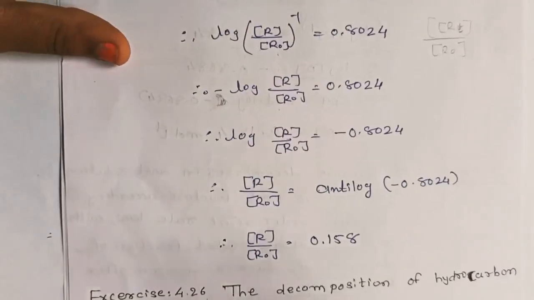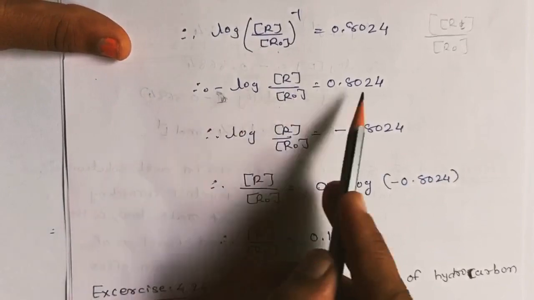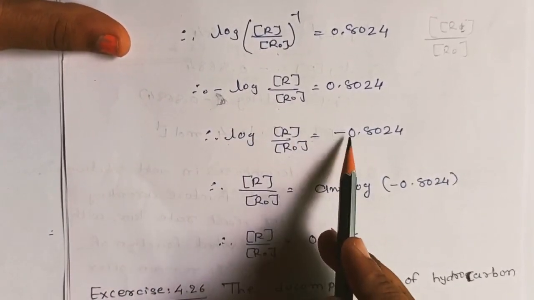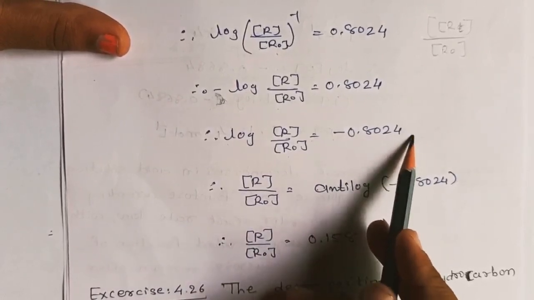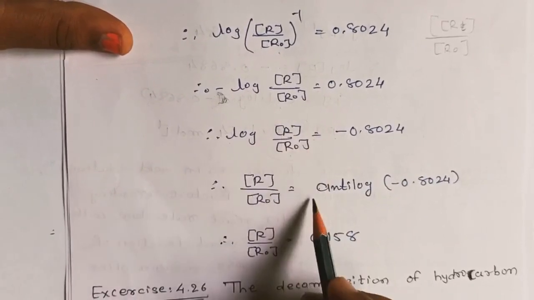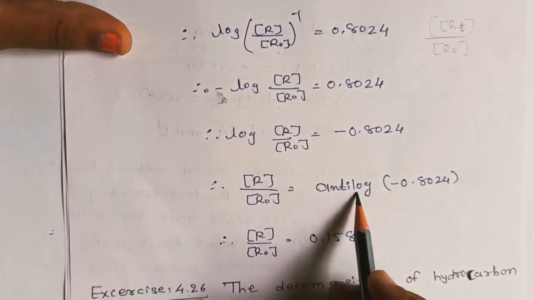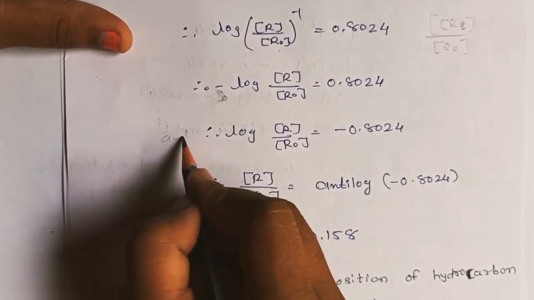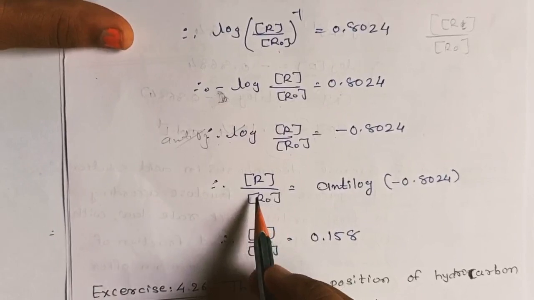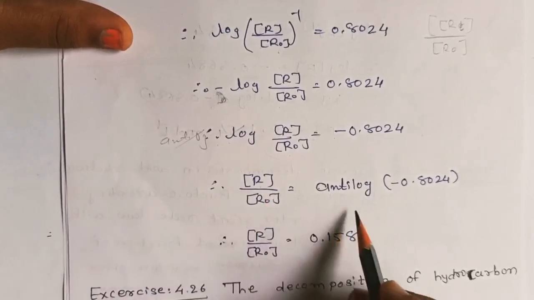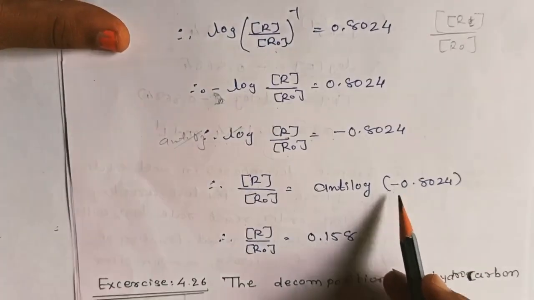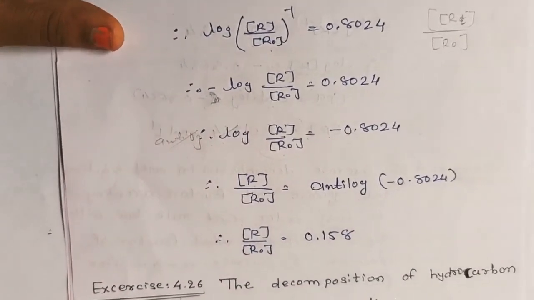Now if we multiply by -1 on both sides, we will get log of R by R naught equal to minus 0.8024. Now we want that fraction, so we have to take the antilog of both sides. Log and antilog will cancel out on the left hand side, and you will get R by R naught equal to antilog of minus 0.8024, right?